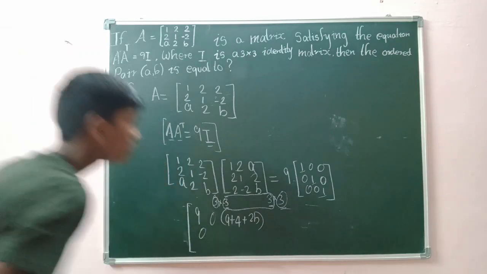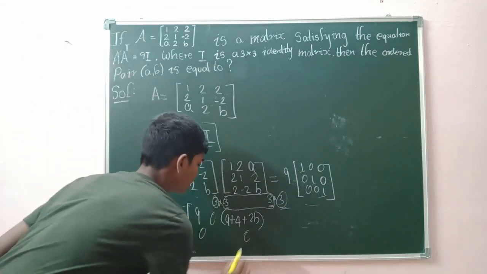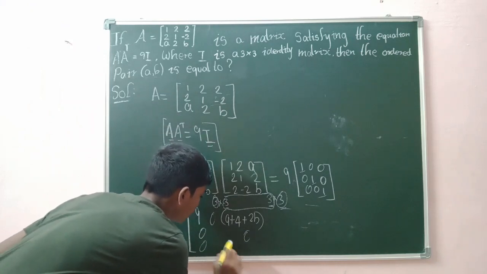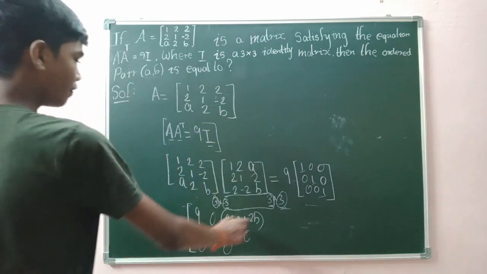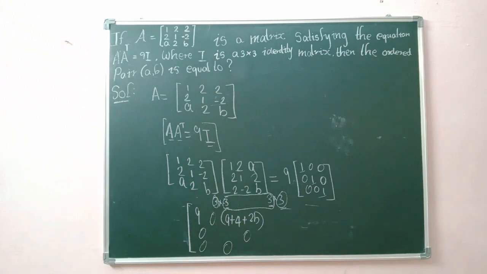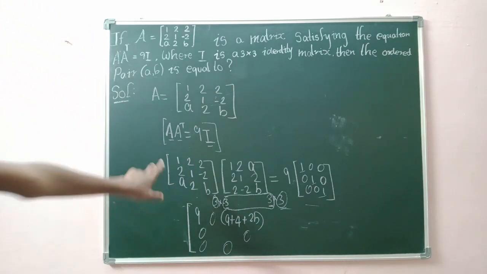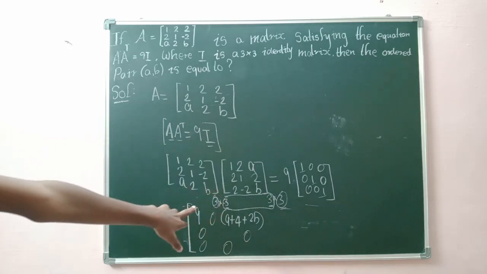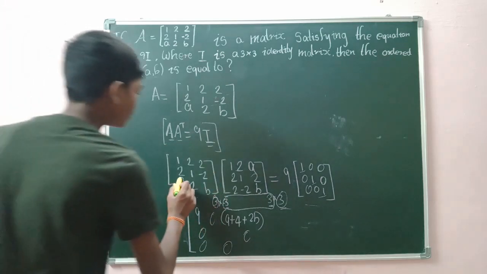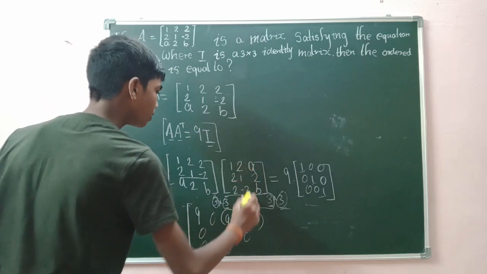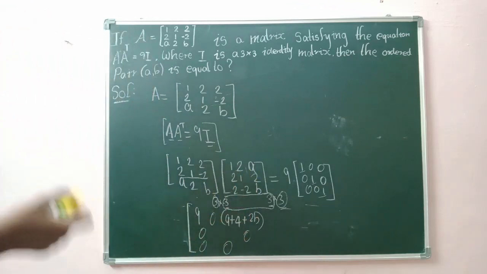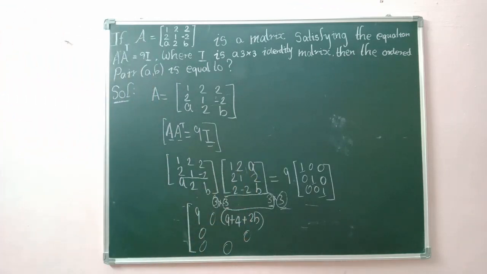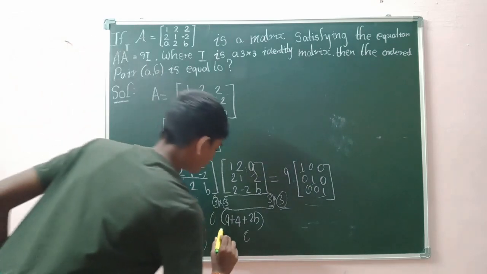Of course it will be 0, and here also it will be 0, and we need to just write the two elements. Nothing but second row into second column, correct? So second row into this particular column, that will be 2 into 2, 4 plus 1, 5 minus 4, that will be 1, I guess, yes.